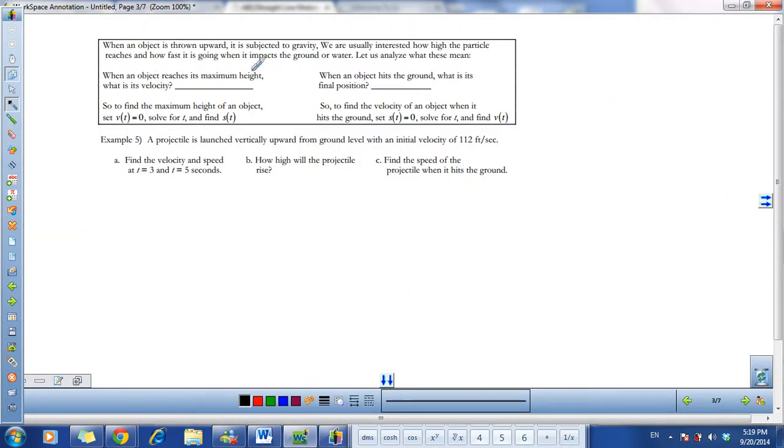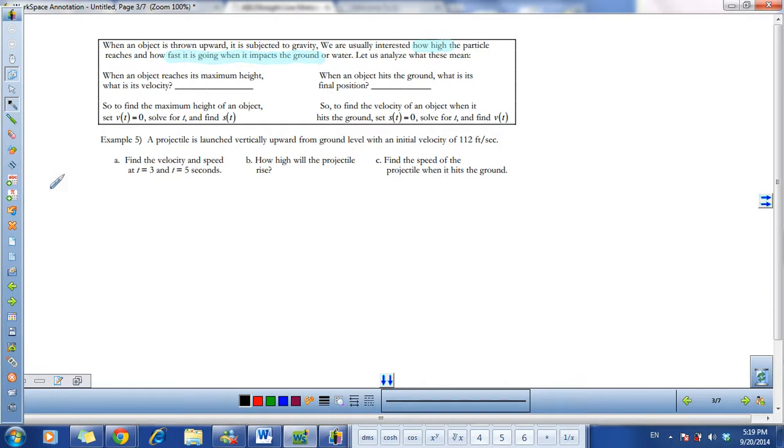So it says when an object is thrown upward and it is subjected to gravity, we are usually interested in how high the particle reaches and how fast it's going when it impacts the ground or water. Let us analyze what these mean. So when an object reaches its maximum height, what is its velocity? You guys know that.